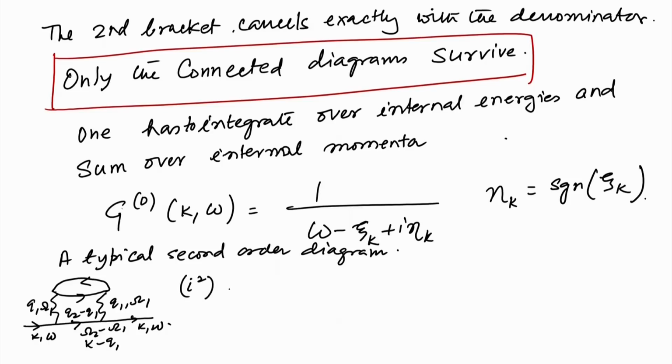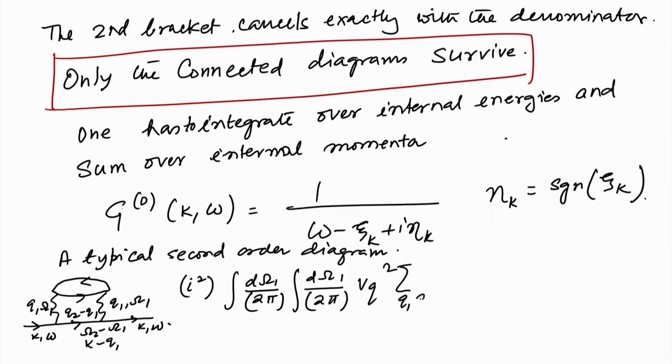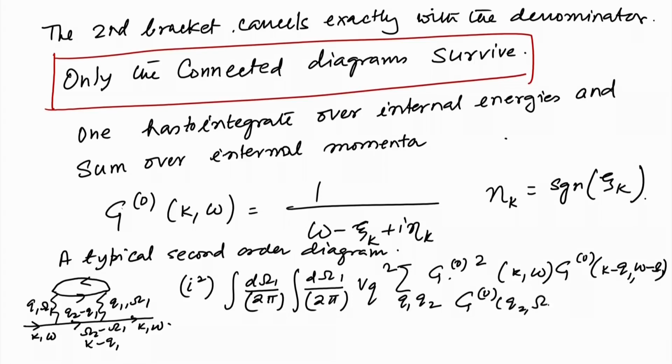So, we should put an i squared and then there is d omega 1 by 2 pi normalization that one has to use, and there is a d omega 2, again with a 2 pi, and there is a V_q squared and then there is a sum over q1 and q2, and then there is a G0 squared (k, omega) and a G0 (k minus q1, omega minus omega 1) and G0 (q, k omega 2) G0 (q2 minus q1, omega 2 minus omega 1) and so on.